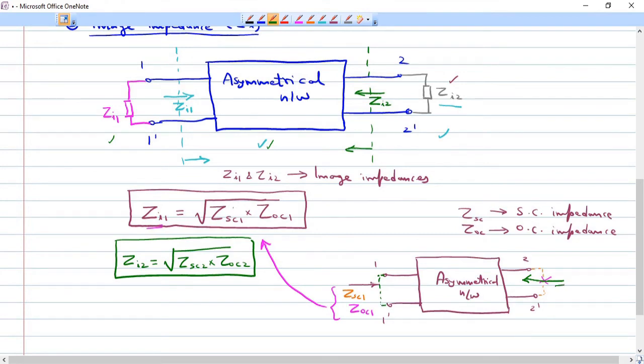Then you will get ZSC2. Similarly, you remove the short circuit and you will get ZOC2. Then you take the geometric mean of these two quantities to get your image impedance with respect to port 2, that is Zi2. So this is another method of finding the image impedance.